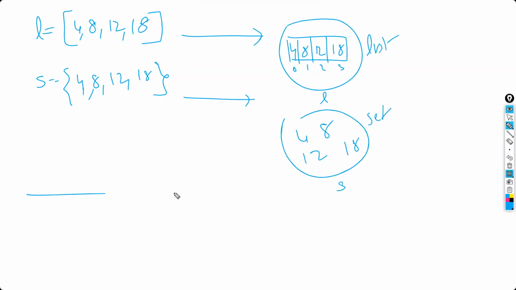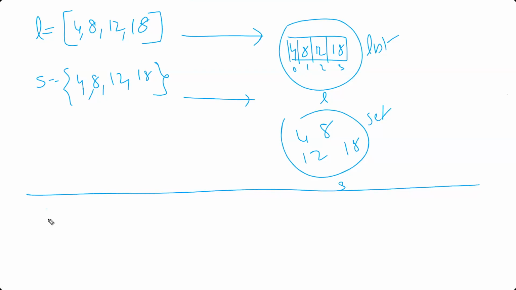Now, the specialty of the dictionary: in the dictionary also we write in curly brackets only. So when you write in curly brackets, how will Python understand whether it is a set or a dictionary? Because the dictionary values are not stored in the same pattern. In the list, I have written 4, 8, 12 and 18, and the index numbers are taken automatically.